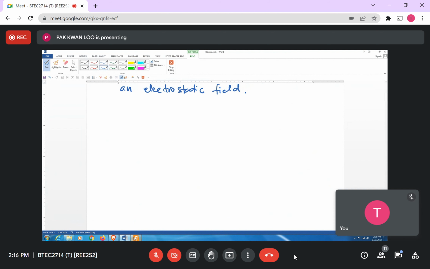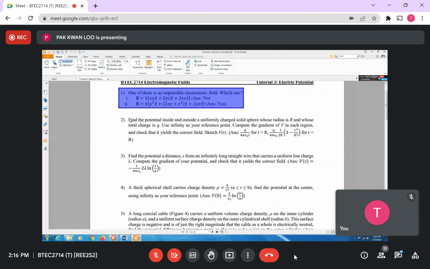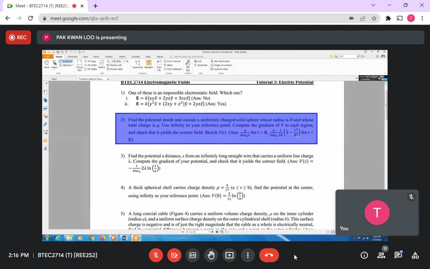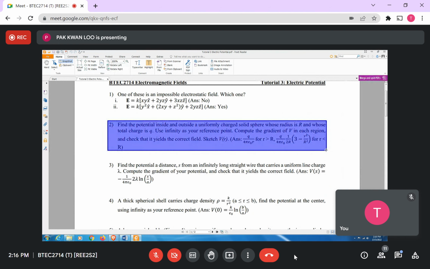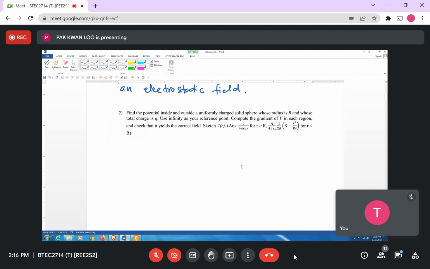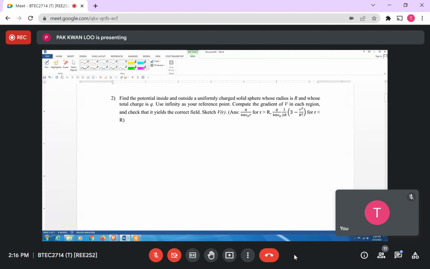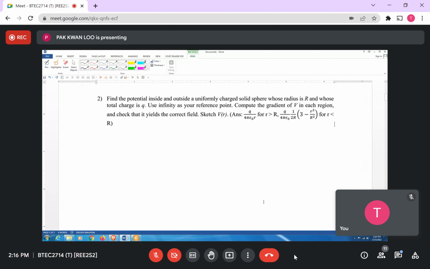So let's move on to question number 2. Find the potential inside and outside a uniformly charged solid sphere whose radius is r and whose total charge is q.